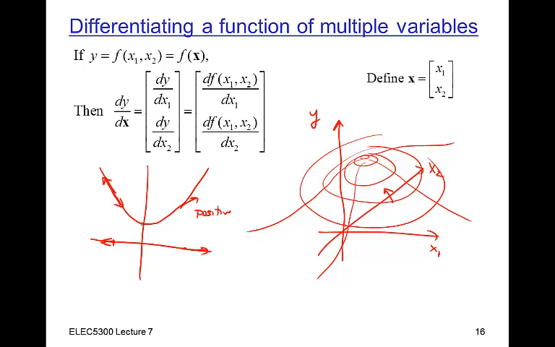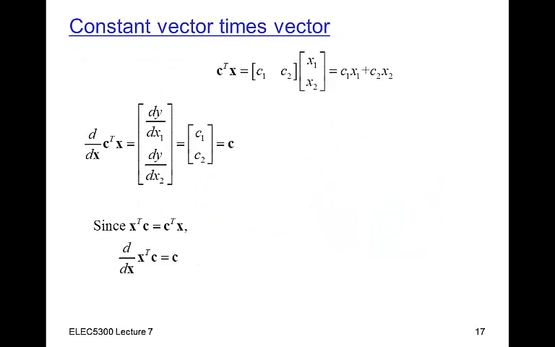Okay, so let's take a look at several examples of this. In particular, we'll look at two examples: the constant vector times a vector. So here we have a constant vector c times x, and so this is c1 x1 plus c2 x2.